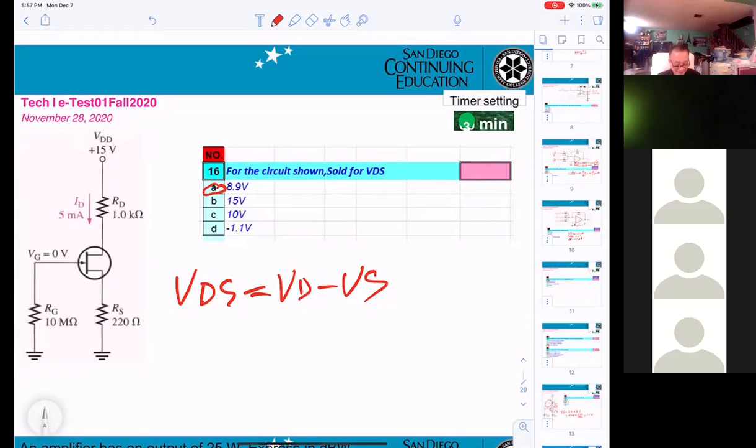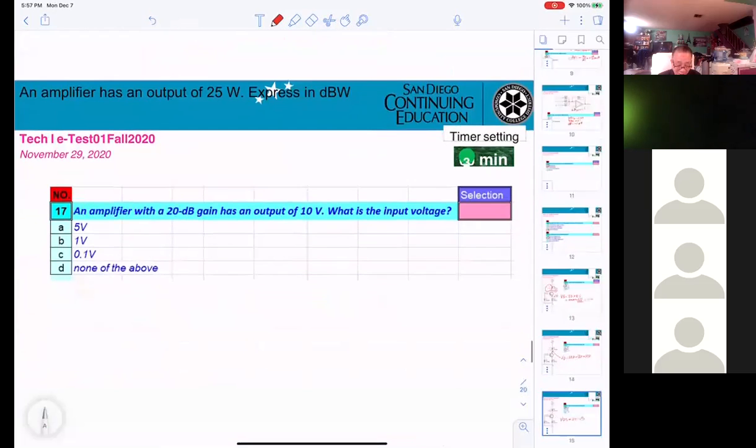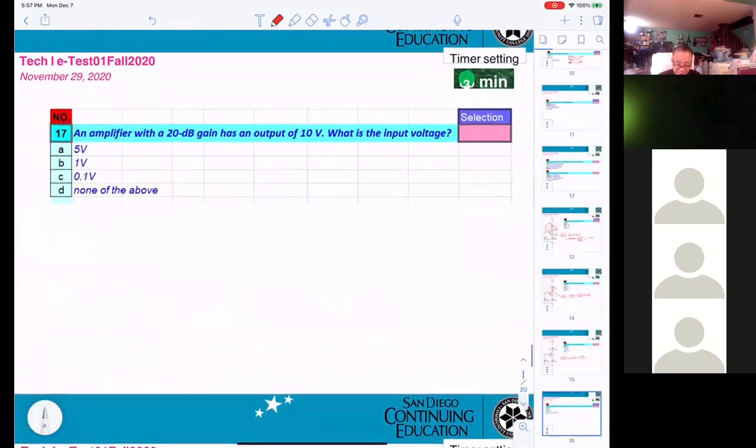Okay, Mr. Pham, next, number 17. Good. An amplifier has 20 dB gain, output is 10 volt. They want to know what is the input voltage. Number 17 will be B. I got B. Right.